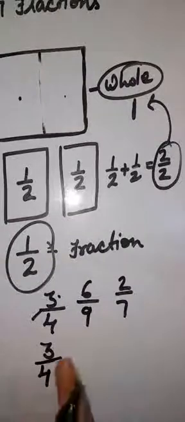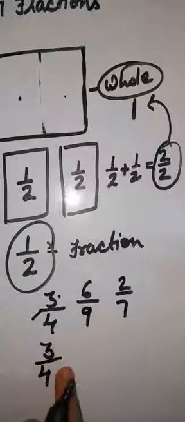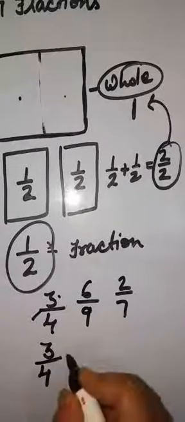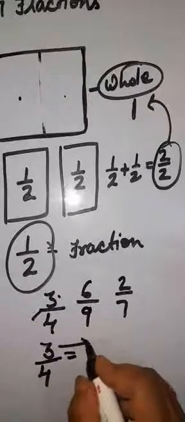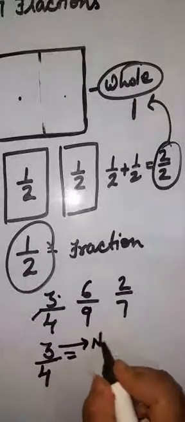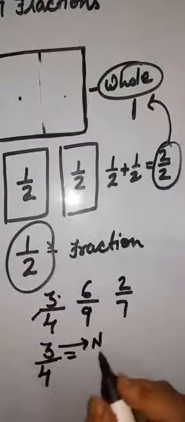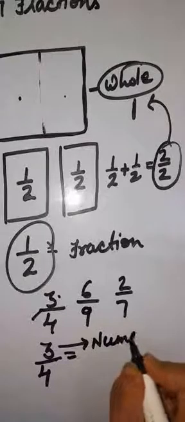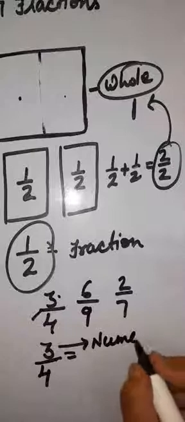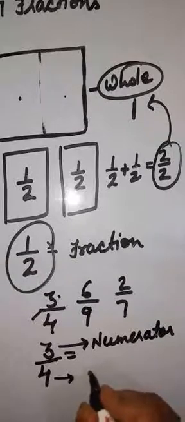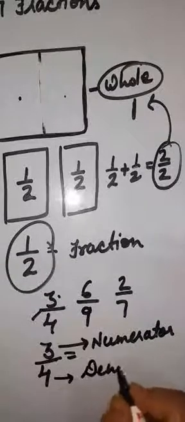So the top number above the fraction bar, we call the numerator. Alright children, this is the numerator. And this bottom side number is the denominator.